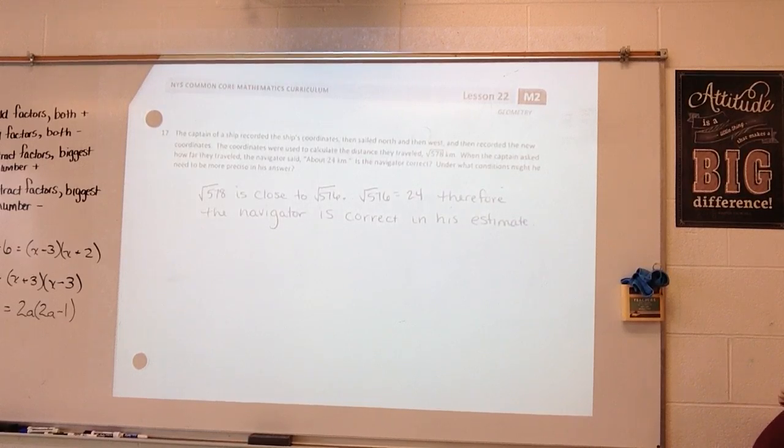So when I simplify this, I can look at this as the square root of 289 times the square root of 2.